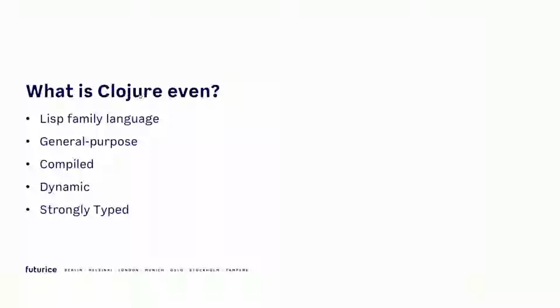Clojure is also a functional language. Now, this talk is not about functional programming at all, but functional is just a programming paradigm like object-oriented, procedural, etc. The most interesting thing about functional programming, it's based on mathematics for the most part, and mathematical functions.